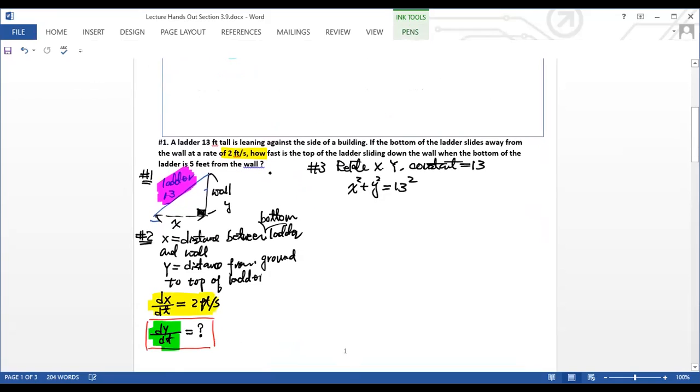Let's see number 4, what that means here. They say take the derivative with respect to t by implicit differentiation.